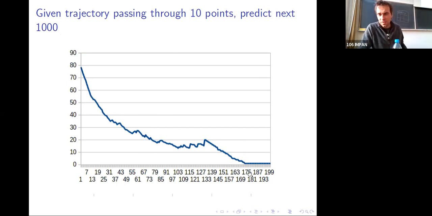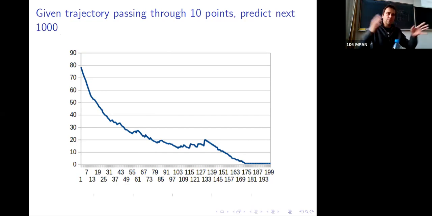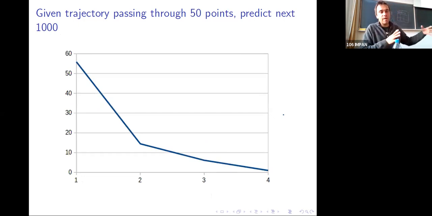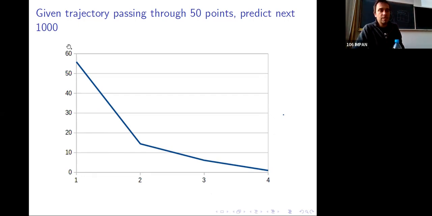There are something like 175 different possible futures given this 10-symbol prefix, based on my data set. However, if I'm looking at the 50 symbols back which my trajectory on that sample has visited, and I want to predict the next 1,000 symbols, there are only 4 possible futures, and the first one is much more probable than all the others.